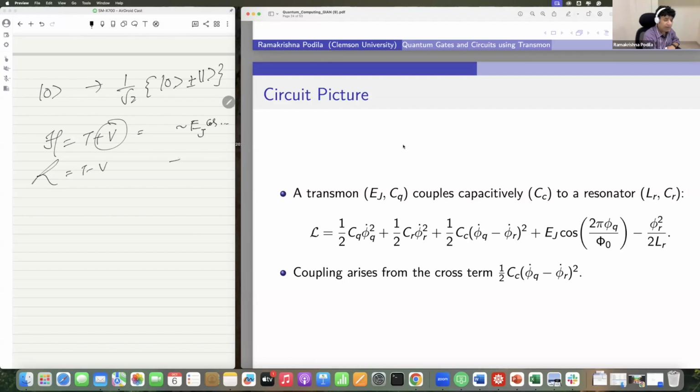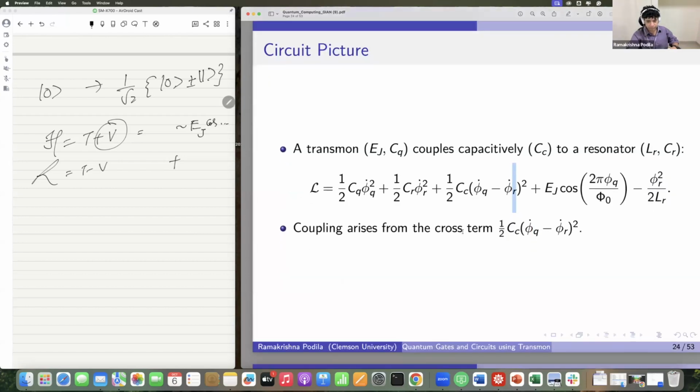So that term in the Lagrangian would look like plus. So that's why you see plus here. And then here you have this phi q minus phi r, that is the qubit phase versus the resonator phase, right? And this is due to the coupling between the resonator and the qubit.